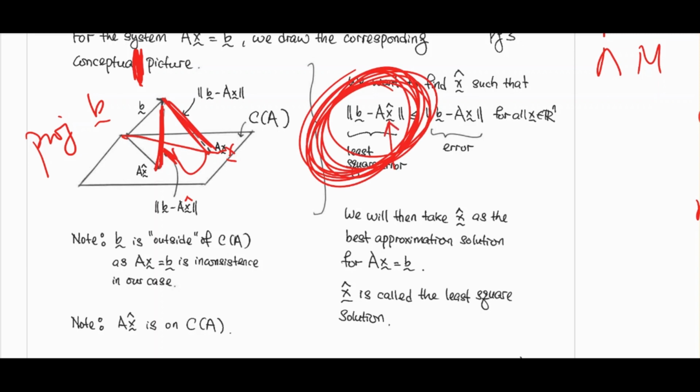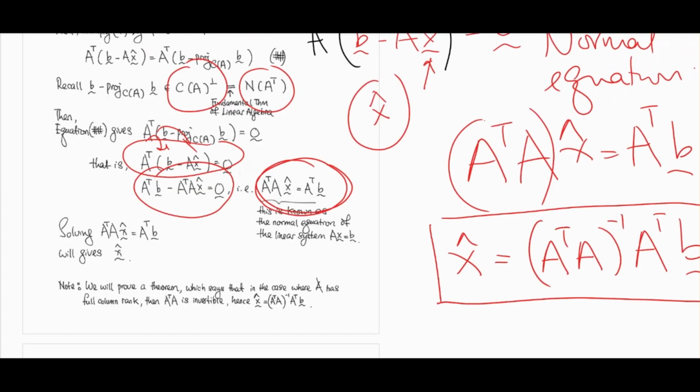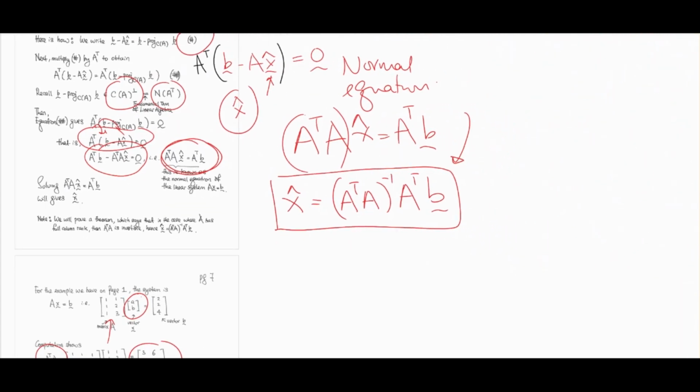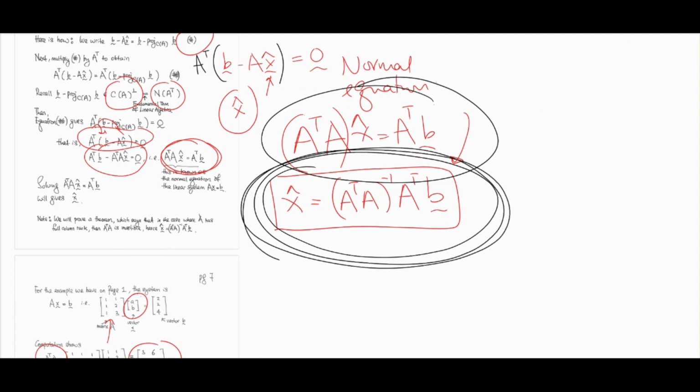And to find this, we actually use this property of projections and orthogonal subspaces. And it turns out, if you want to find the x hat that gives a least square solution, the best fit solution, you can find it by solving this normal system. This is called the normal equations. Or if the columns of your matrix A are independent, you can actually also invert this, and you get this result. Okay, and that's it.